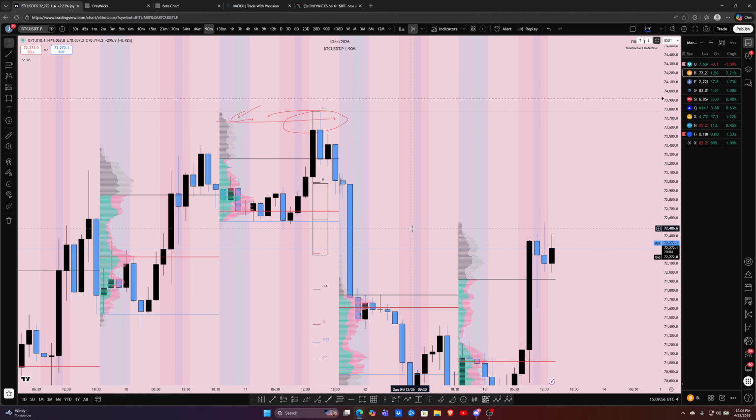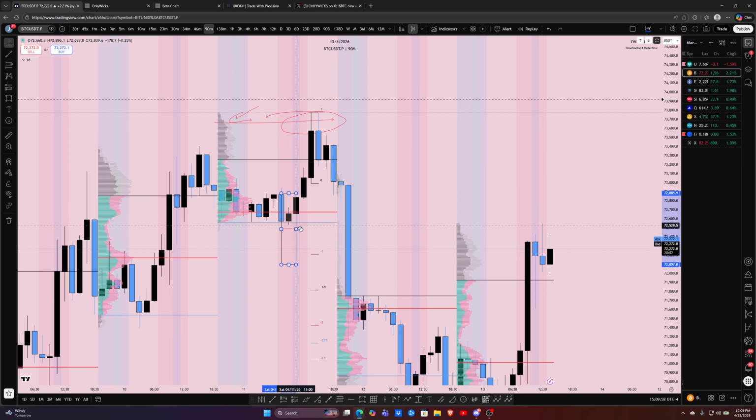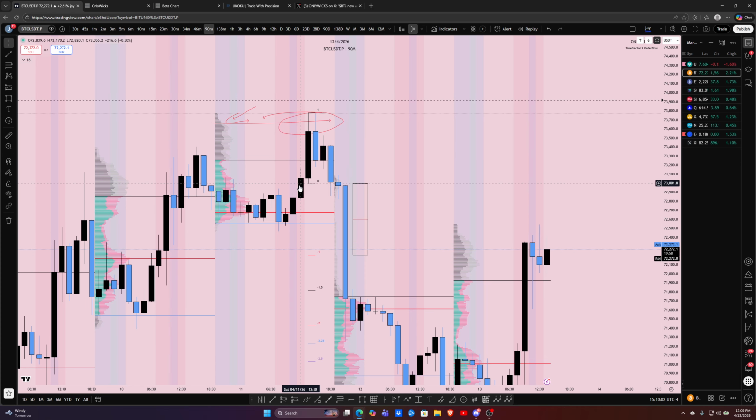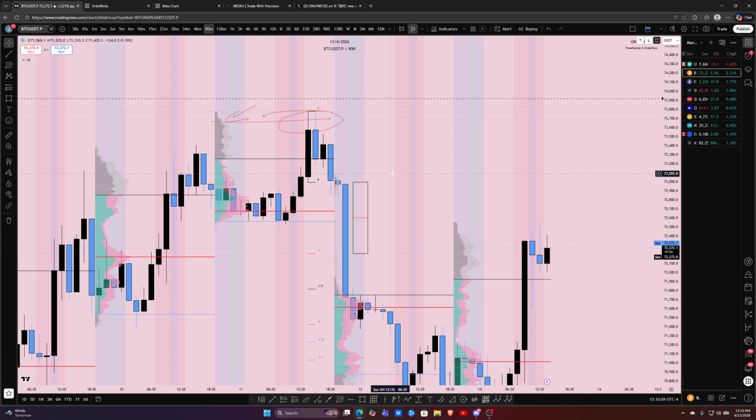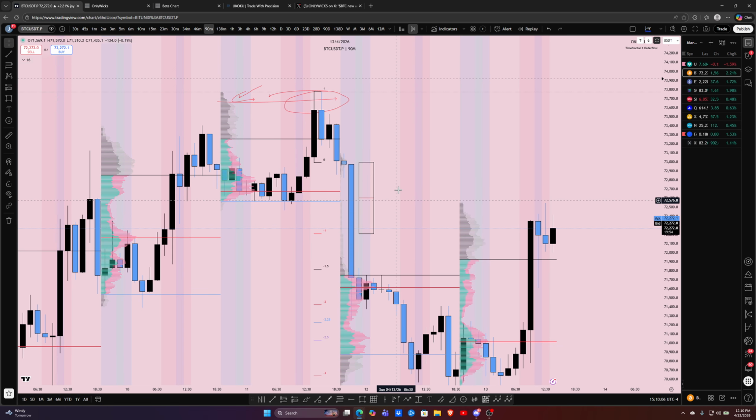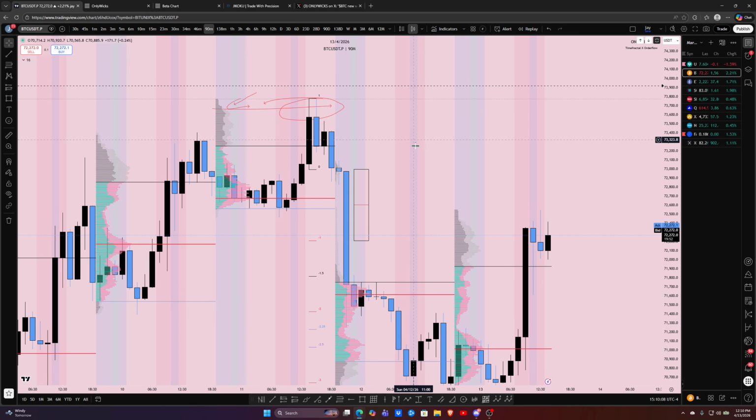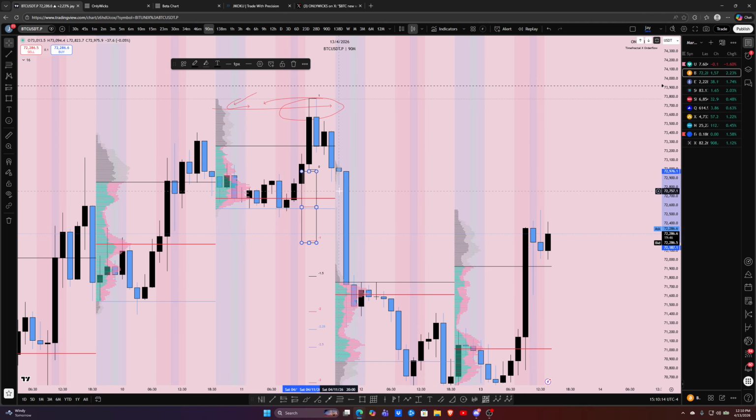This may sound confusing, but first it's about understanding the context. Price is disconnecting outside of value, and from that disconnection we can understand where price could potentially deviate back down into the value.